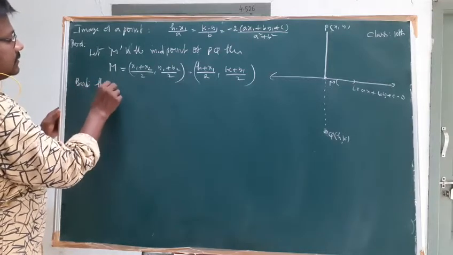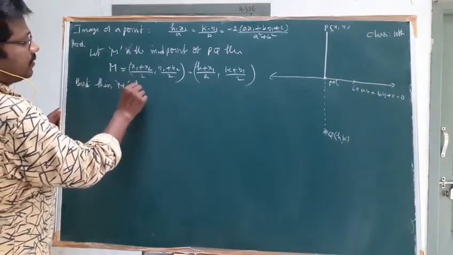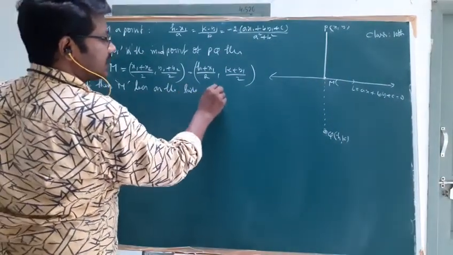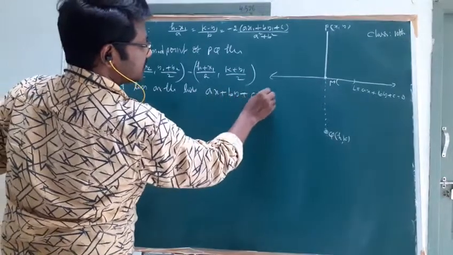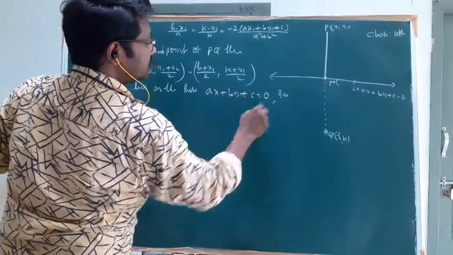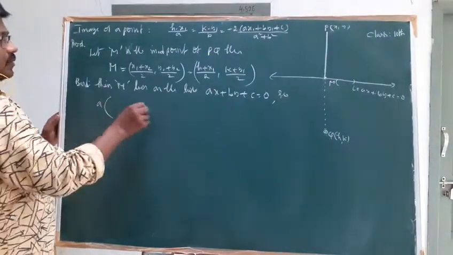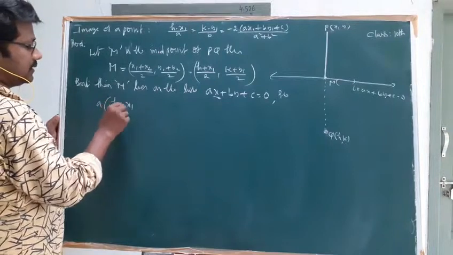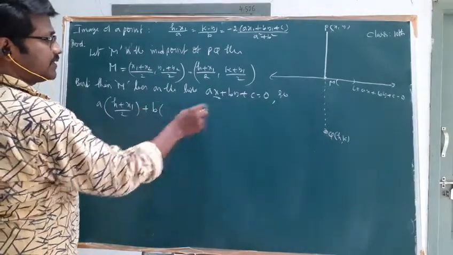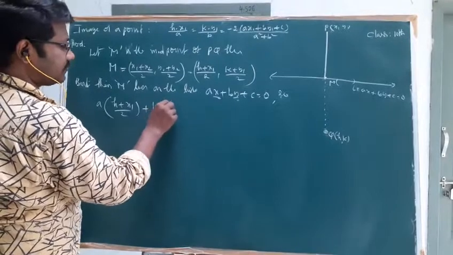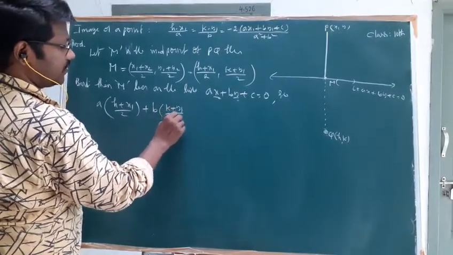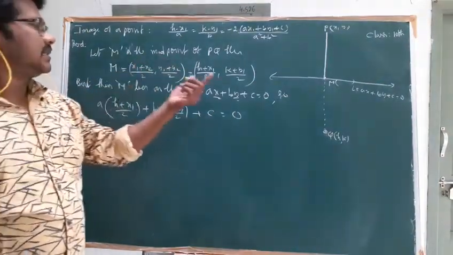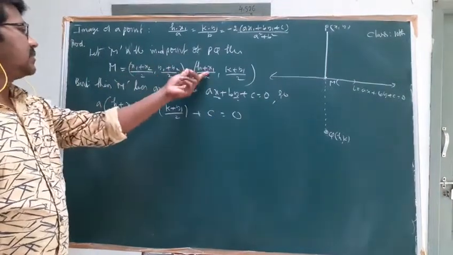This M lies on the line ax + by + c = 0, so it satisfies: a((h + x1)/2) + b((k + y1)/2) + c = 0. The point M is substituted in this line.